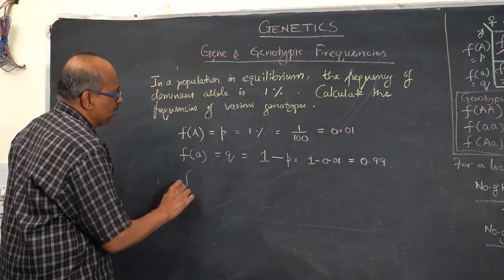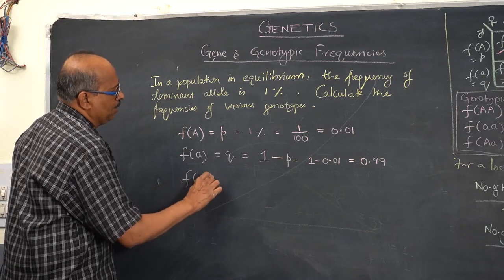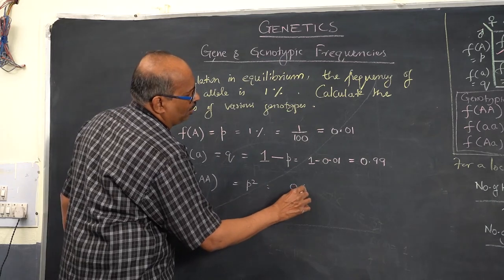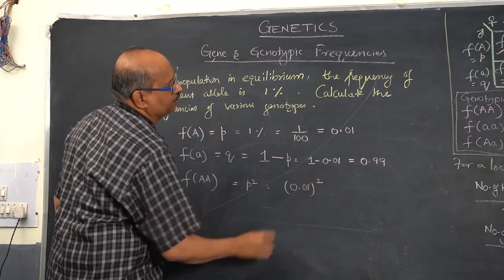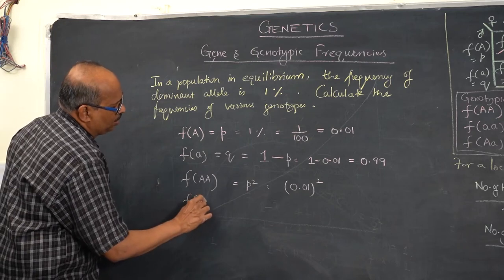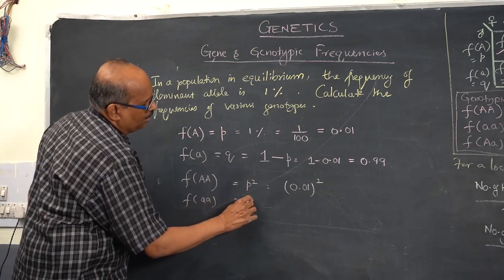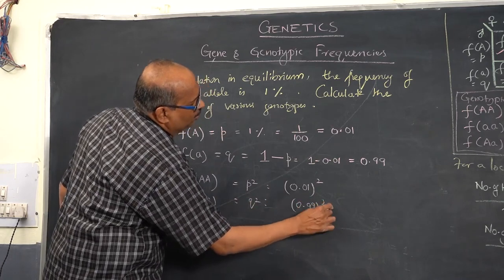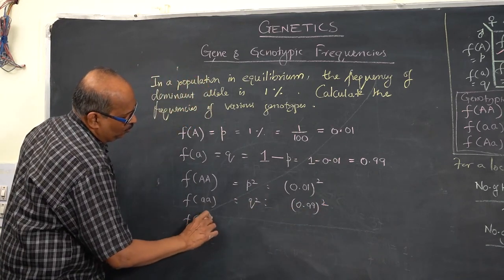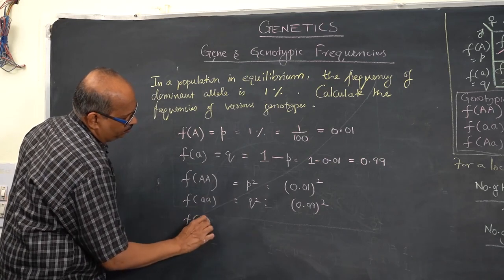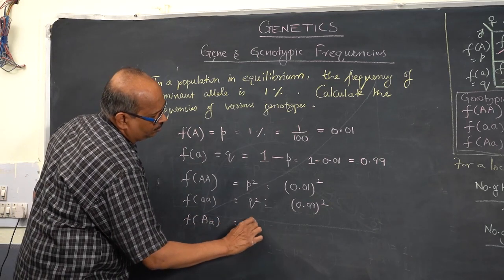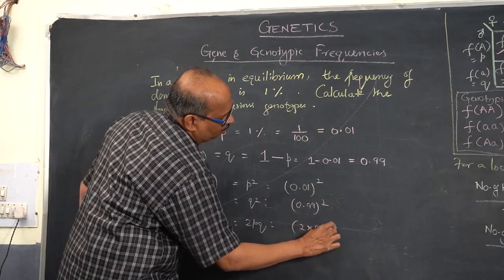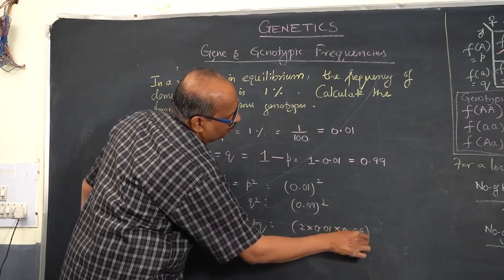Now if you want the frequency of capital A, it will become P square, which is 0.01 whole square. If you want frequency of small a, it will become Q square, which is 0.99 whole square. If you want frequency of heterozygotes, it will become 2 into 0.01 multiplied by 0.99.